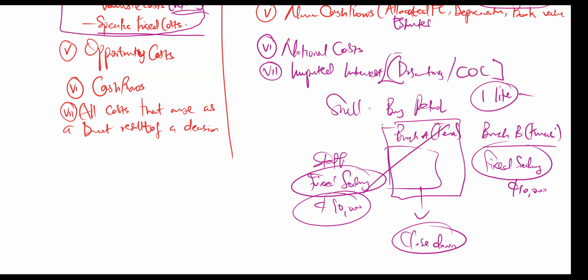If I close down this branch, would I still pay the workers 10,000 fixed salary every month? Nobody is talking. If the branch is closed, do I get to pay the workers in that branch again?